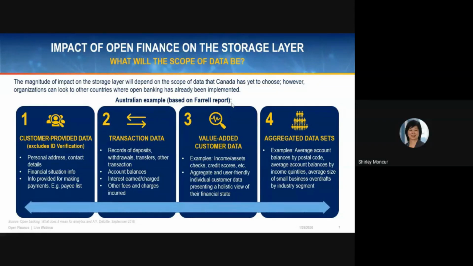When open banking was implemented in Australia, the Farrell report talked about four different classifications of data that could be included, which you can see described here on this slide. There's the customer provided data, which excludes identity verification. There's transaction data. There's value-added customer data and aggregated data sets.